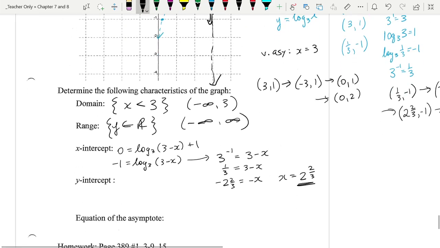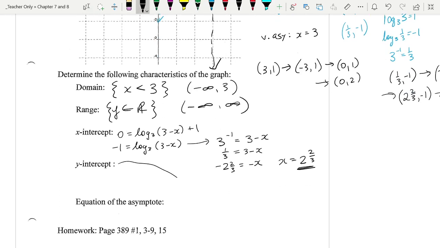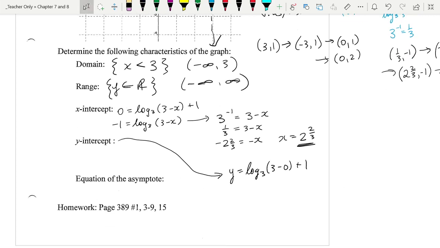Right there. Y-intercept. I'll solve that over here. The y-intercept happens when my x is 0. So that means y equals log to the base 3 of 3. And this is actually always going to be true: log to the base x of x is always going to be 1. Why? Because x to the power of 1 is itself.